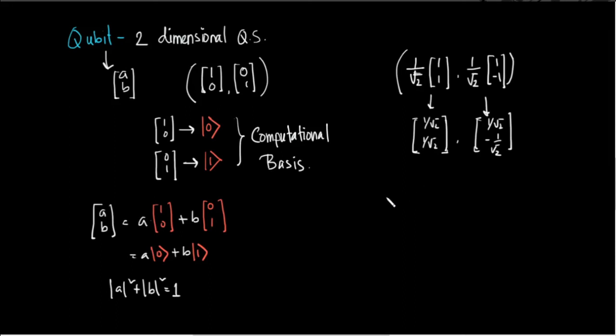We can do an example. Suppose I want to express the vector 2 3 using these two vectors. What will be the coefficients? I will just write the answer for you.